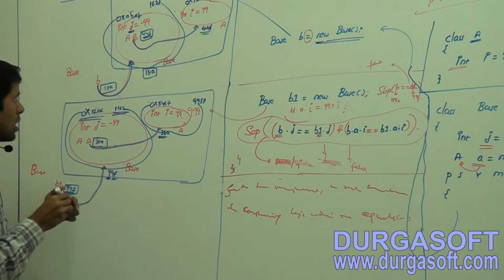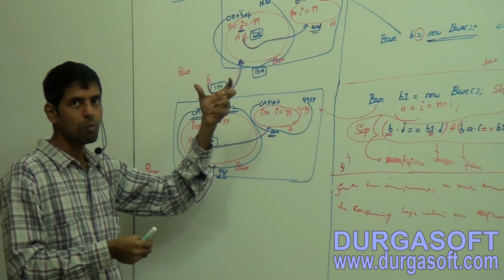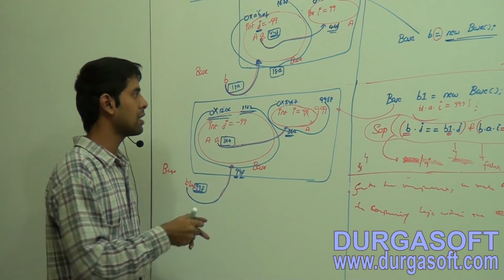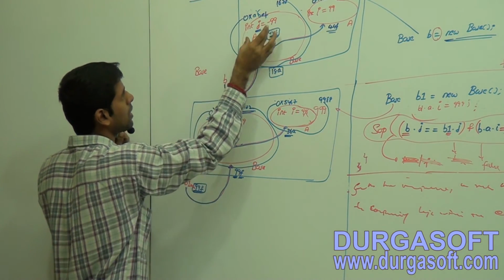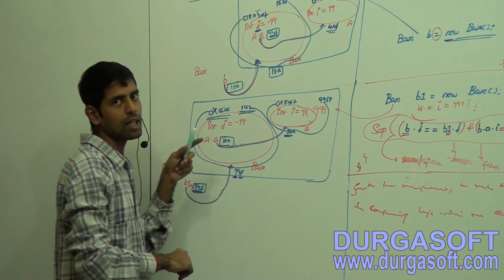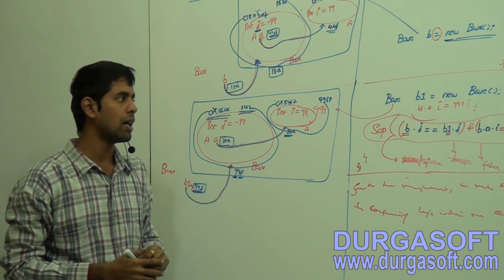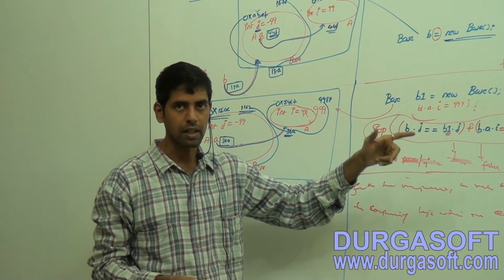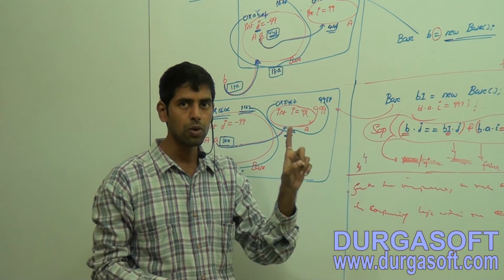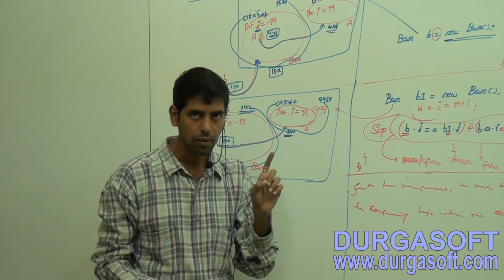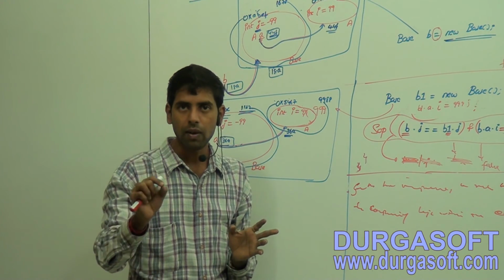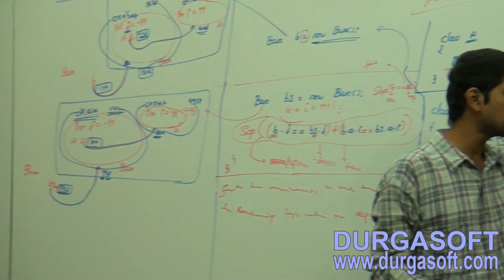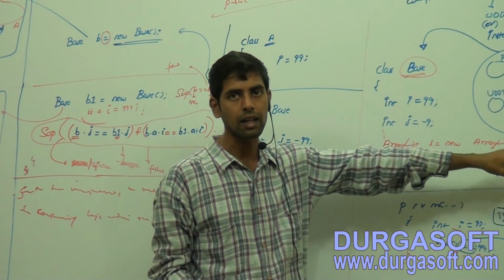Why? Only partial data of both the objects is the same, but the other partial data, this part and this part are the same, and this part is not at all the same. That's why we are checking our logic, whether it is exact or not. And one more thing you have to put in your brain: a user defined data type is a collection of primitive data types and other user defined data types.